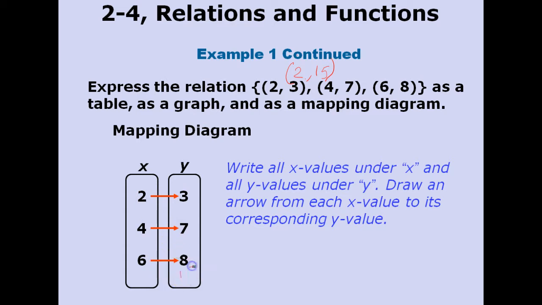So I'm going to write 15 down here, and from 2, I would have another arrow going all the way down to 15. You'll notice now from this X value, that 2, I no longer have only one point. I have 2 things coming from 2.